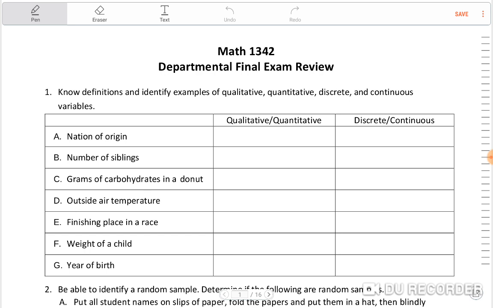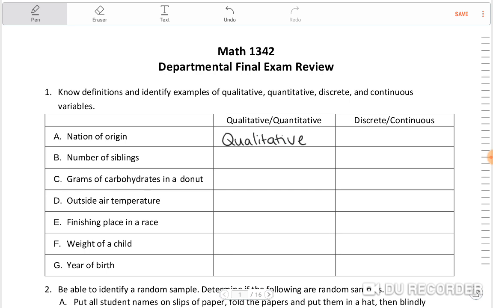It defines a quantity of something, like a count. And a qualitative variable is something that describes a quality or a characteristic of some sort that is not numerical. So nation of origin is not a number. It's not something that's countable. So this would be qualitative.